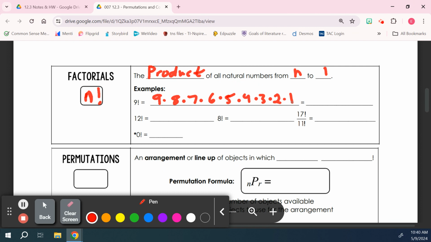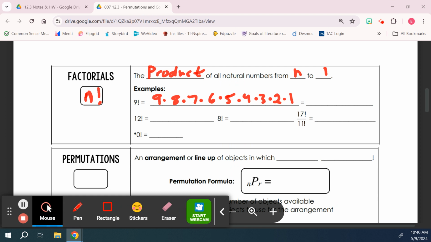Now you can just put that in your calculator, or there is a way to find it. Let me just pull up the video.